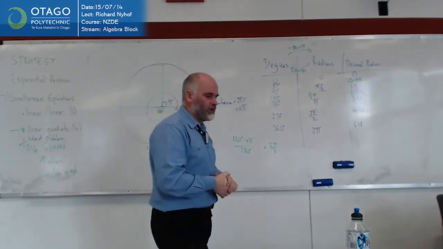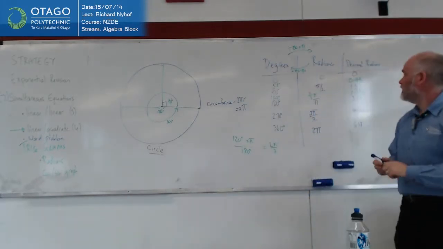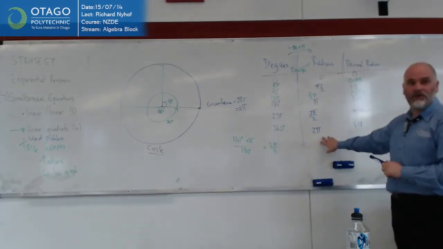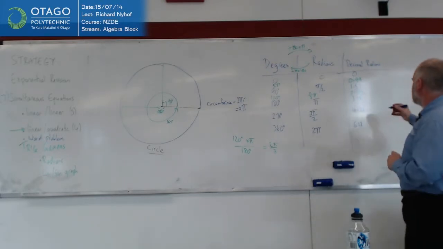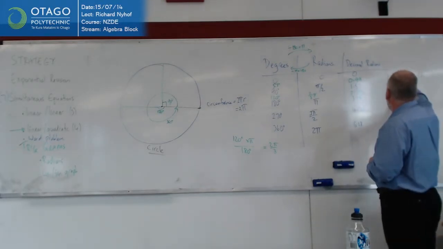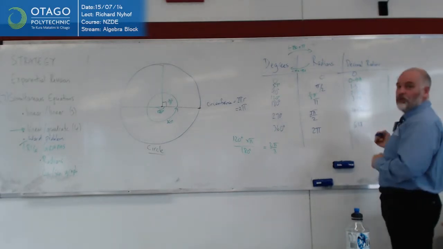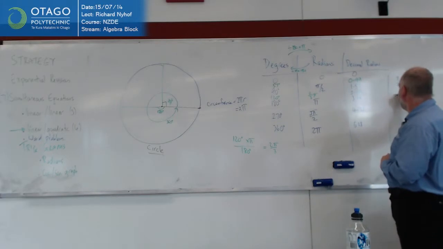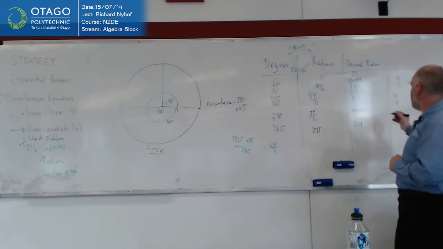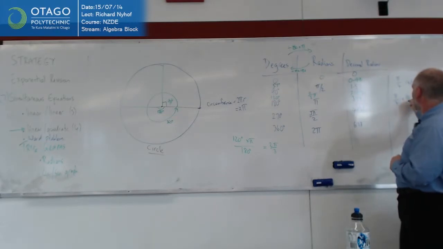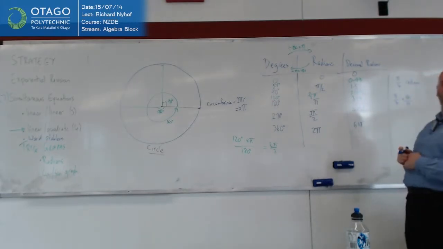Sure. So do you want to go radians to degrees? Okay, so let's say we had pi over 4 radians, and we wanted to put it into degrees. So pi over 4 divided by pi times 180. So times 180 divided by pi.